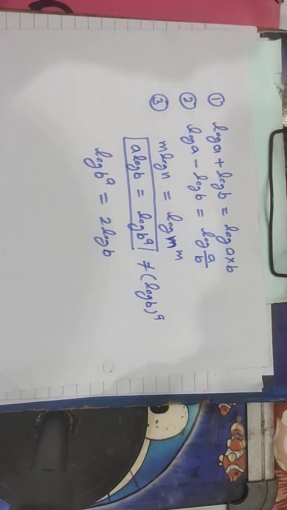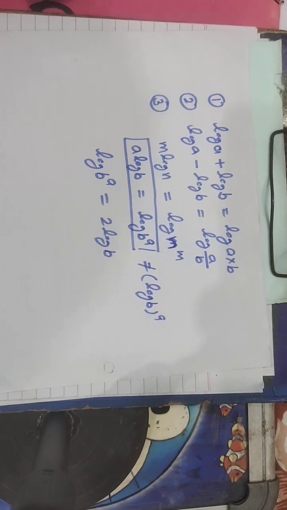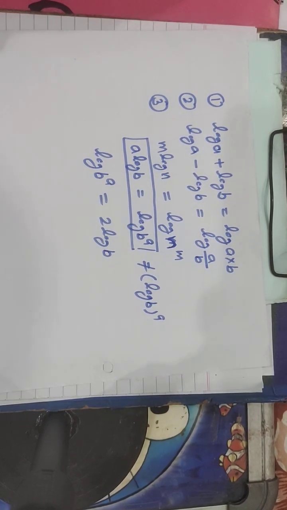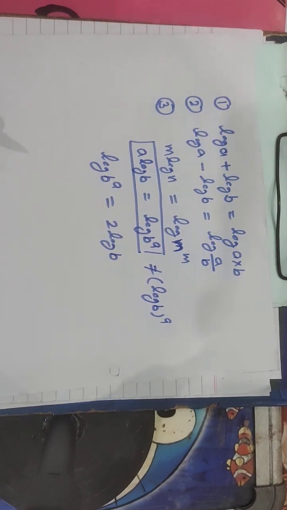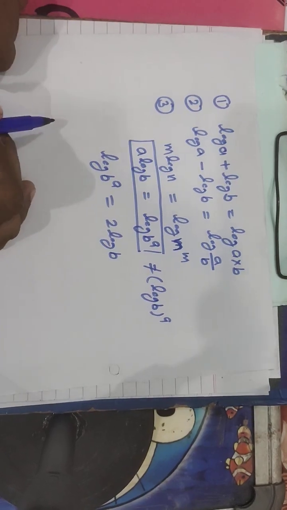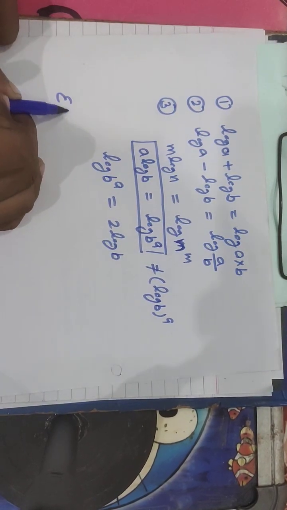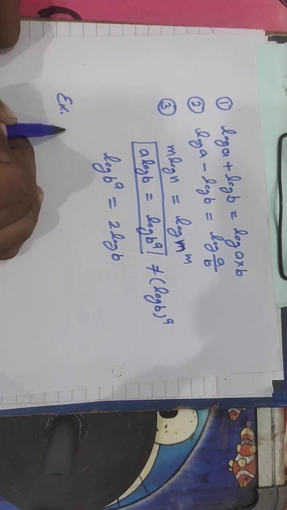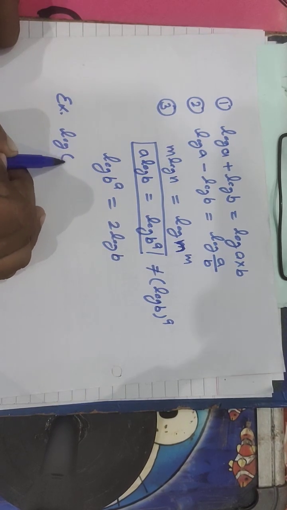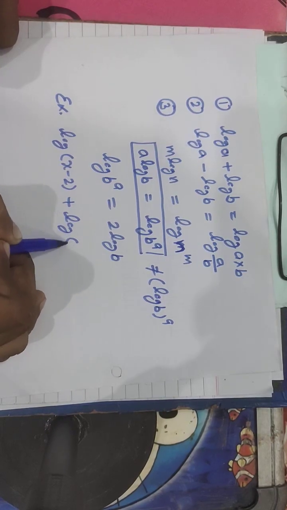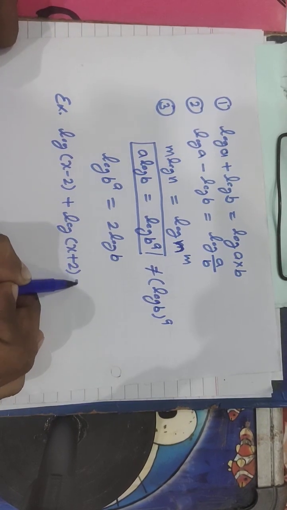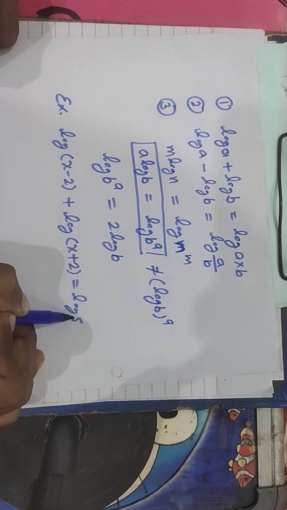I have one very interesting problem with me, quite related with this equation. That is, log of (x minus 2) plus log of (x plus 2) equals log 5.